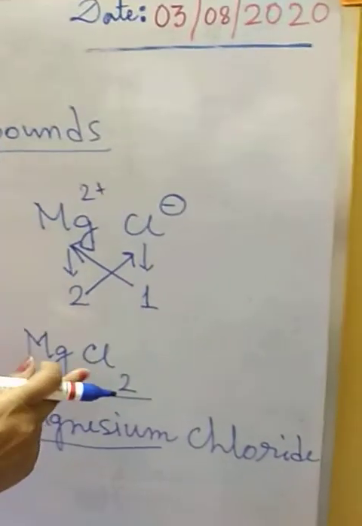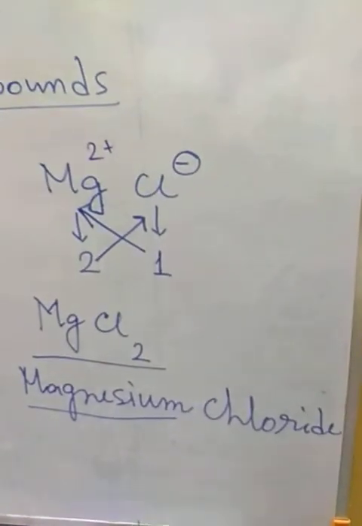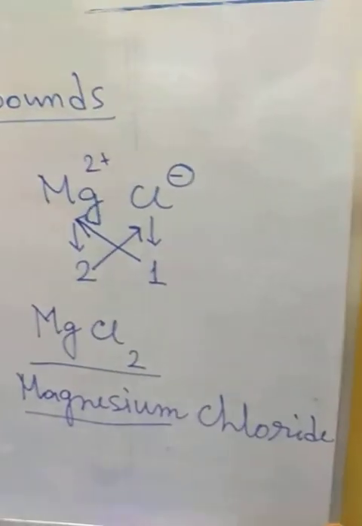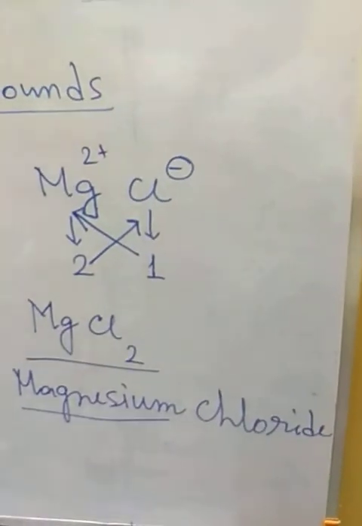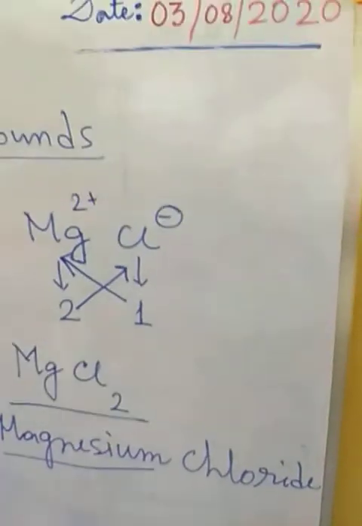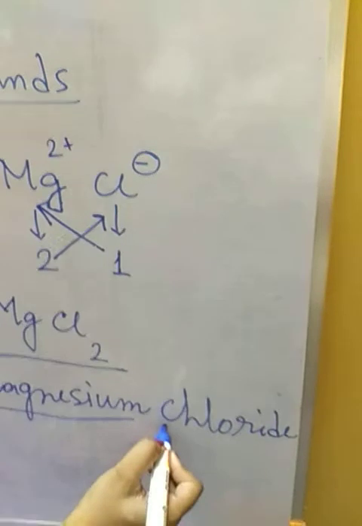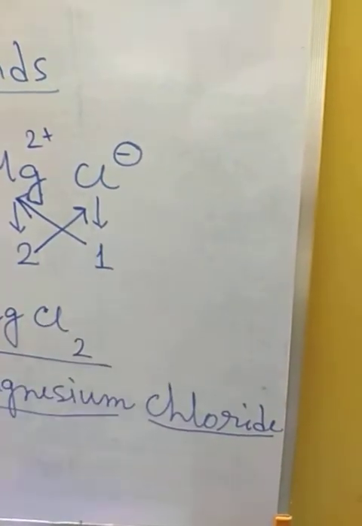Whereas the chloride ion is the non-metal as well as the anion, so when it forms the compound, its name changes from chlorine to chloride.